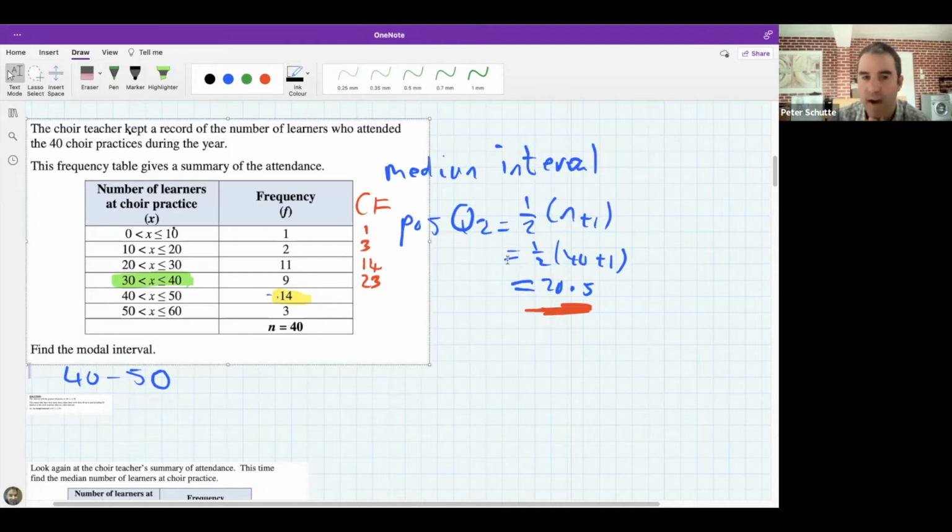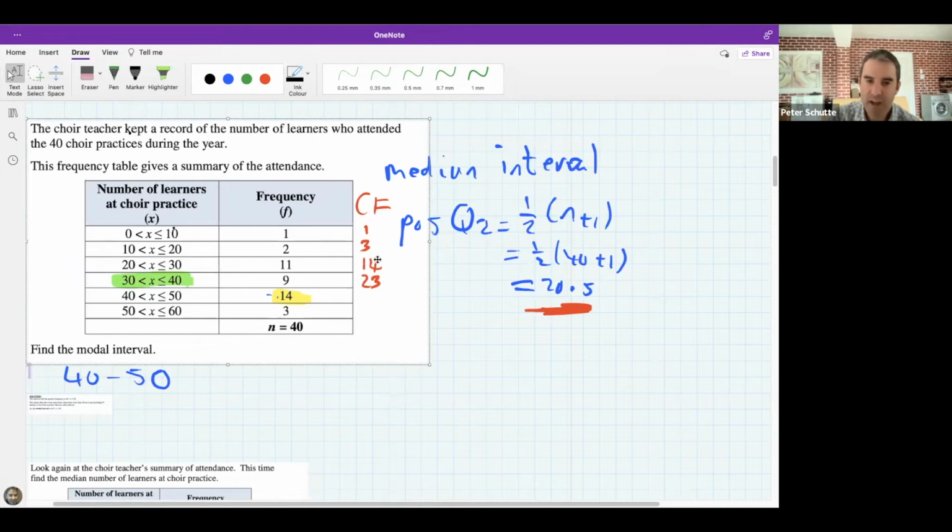So see how we said, why can't we use 20 to 30? Because see how the interval 20 to 30 does not contain the item with position 20.5. So if you look at the cumulative frequency total, at the end of 20 to 30, I'm all the way up to 14. CF is cumulative frequency, yes.